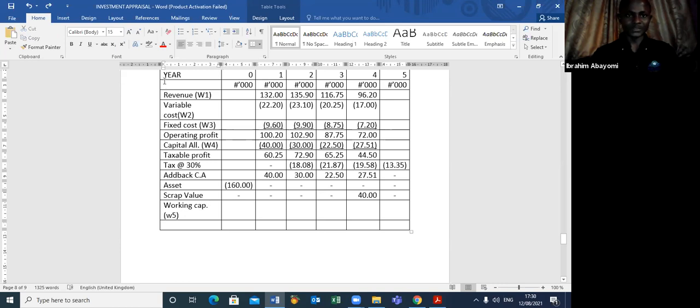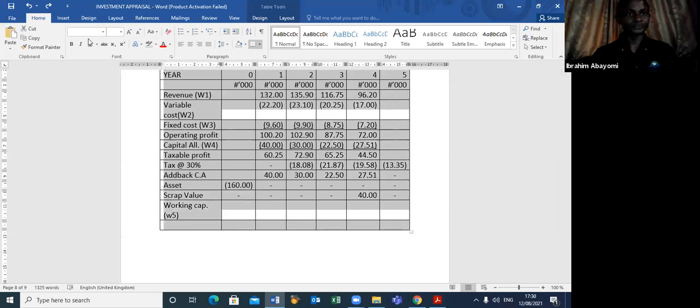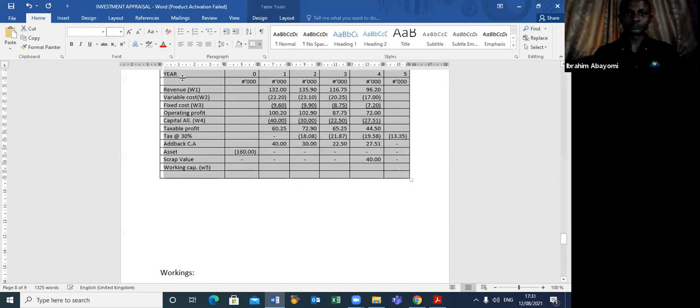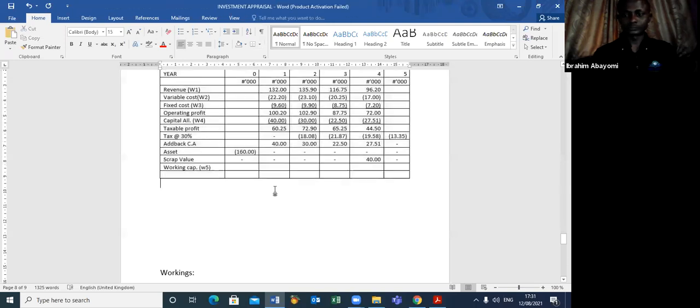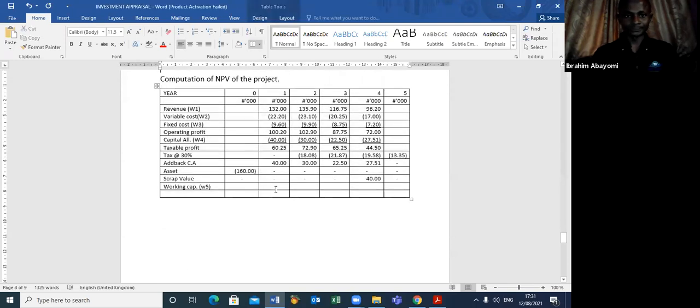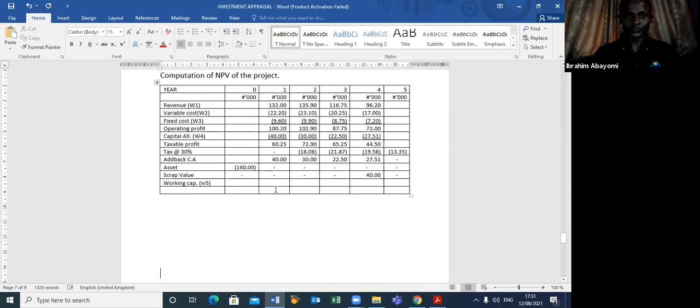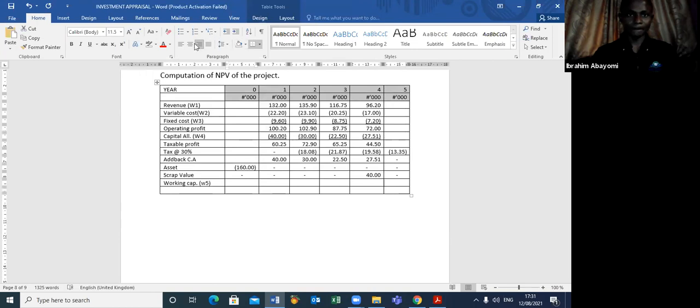Let me reduce the font. So we are perfectly okay now. It should be centralized. So working capital will be note 5.